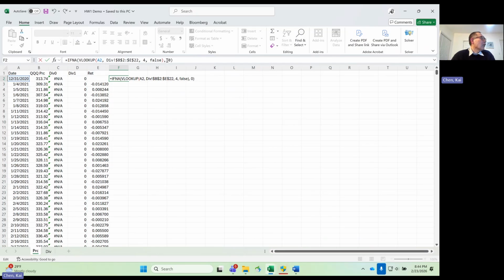Now click enter. Now you see, for this row, because this one is not available, it returns 0. And then I'm going to copy this function to the other rows down to the end in this column.